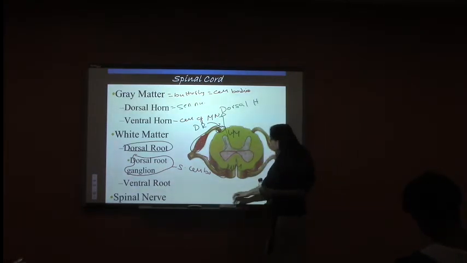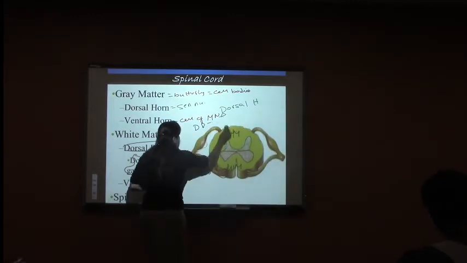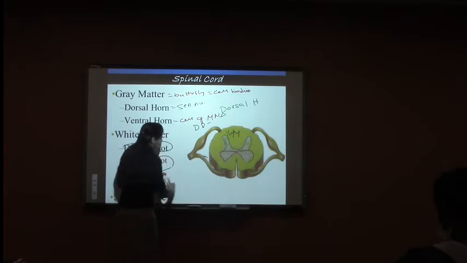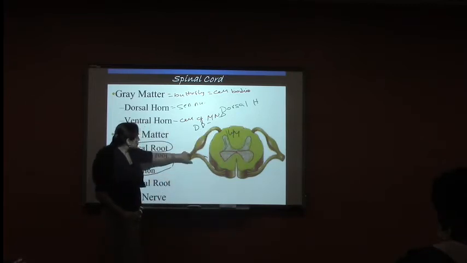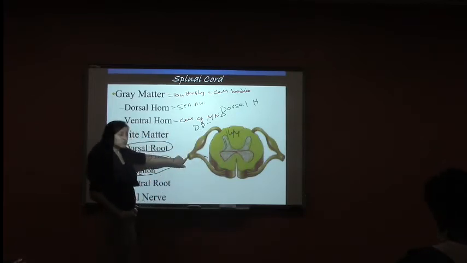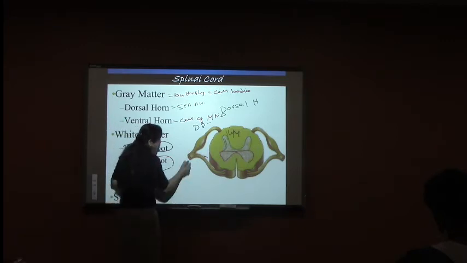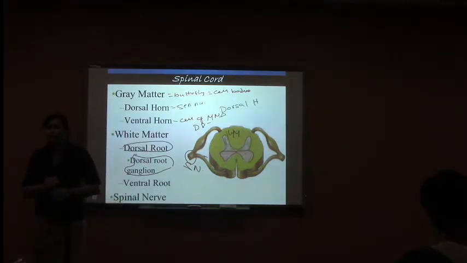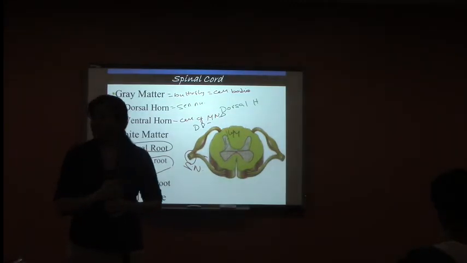Now, the dorsal root and the ventral root come together, they combine, forming the spinal nerve.